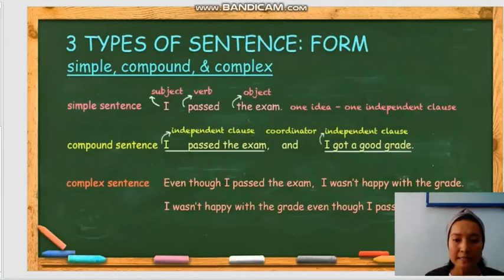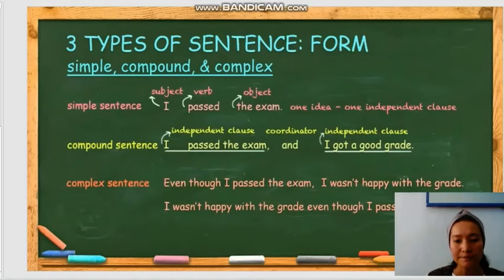I passed the exam. So here we have just noted that it can stand alone and shows one main idea, one independent clause. I, this is a subject, passed, this is a verb, and what, the exam, this is an object.